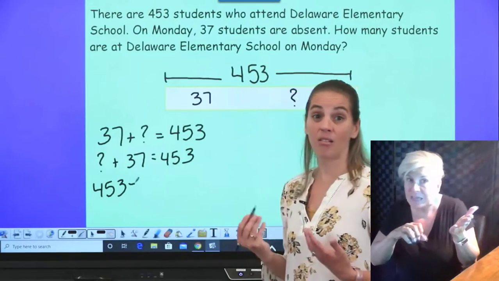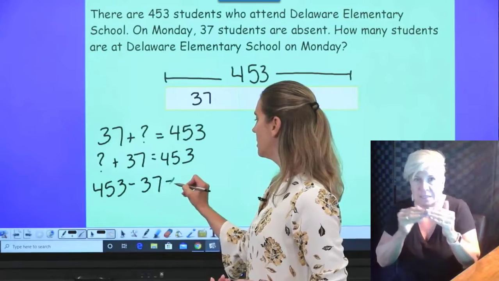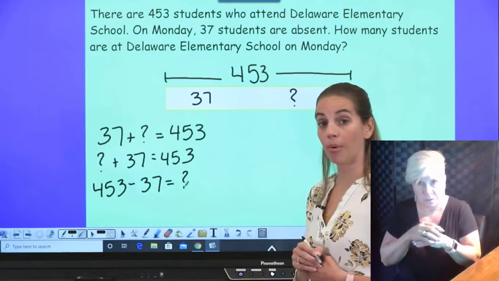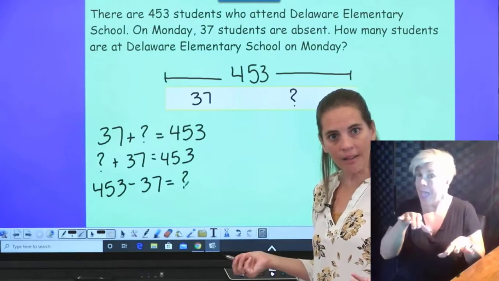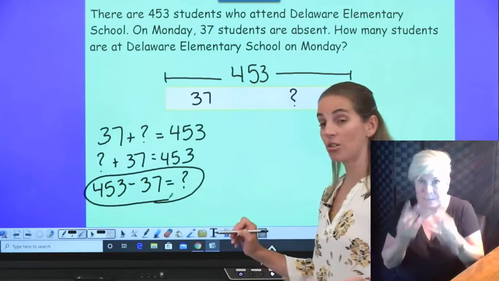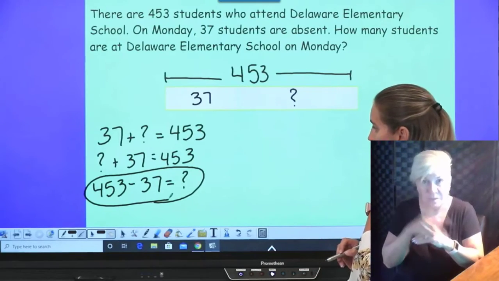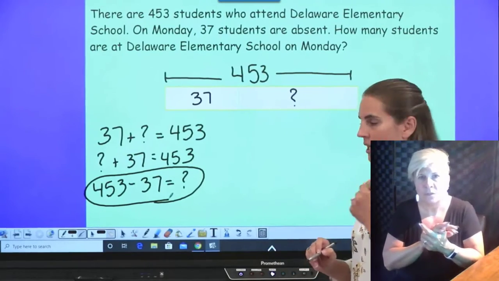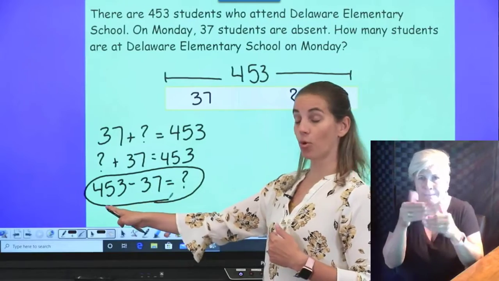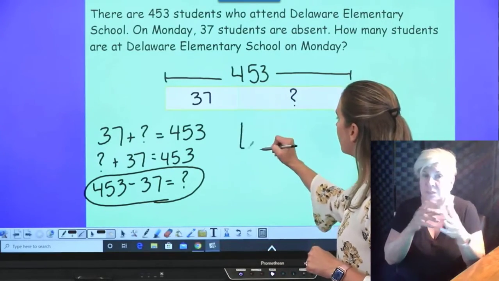Let's take away a part. Well, let's take away 37. That will give us our unknown number. Hey, isn't that the equation we need to solve right here to figure out how many students are at school on Monday? Yeah, perfect. Okay, well, let's do base 10 blocks again. I'm going to represent that 453. Remember, it's a little different with subtraction. So let's do that.